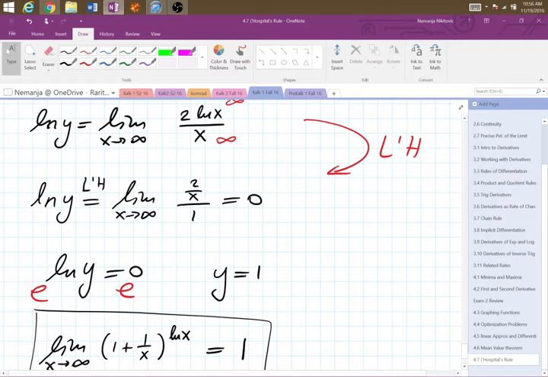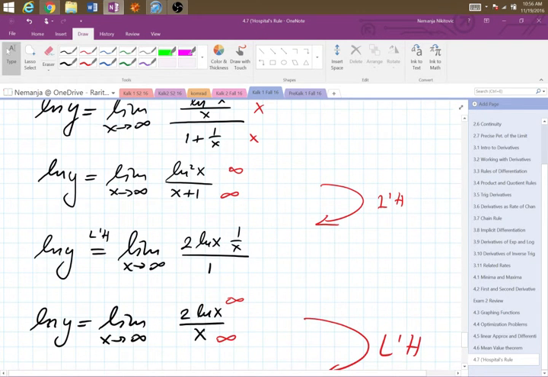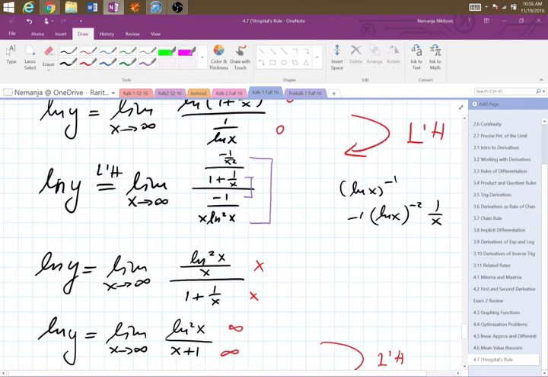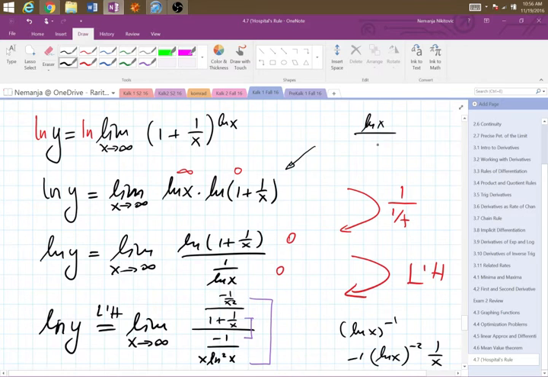Well, the first time you did the 1 over x, is there any particular reason you chose ln of x versus ln of 1 plus 1 over x? It's easier. It goes in denominator as 1 over. So if you chose this one, it will be ln x over 1 over ln 1 plus 1 over x.